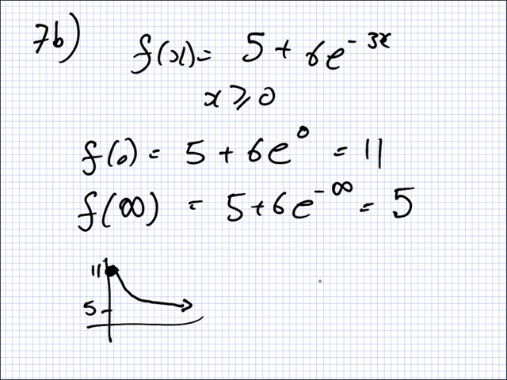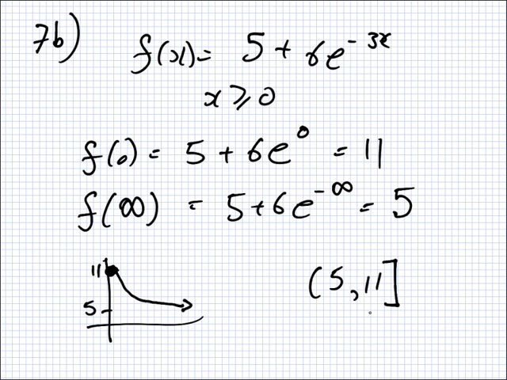The 5 you don't get, I was right the first time. The 5 you don't get because you can't quite reach it, and the 11 you do get. There we go. Yeah, that's the mistake in the answer. Oh yeah, there's 2 mistakes I need to fix.